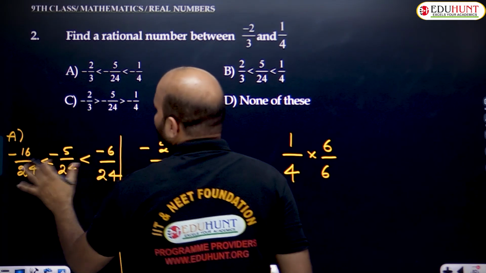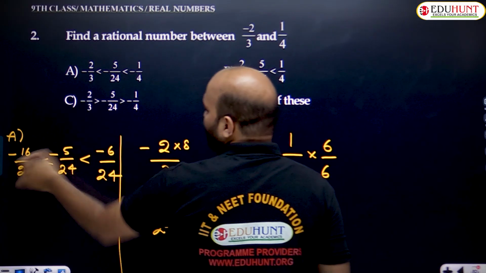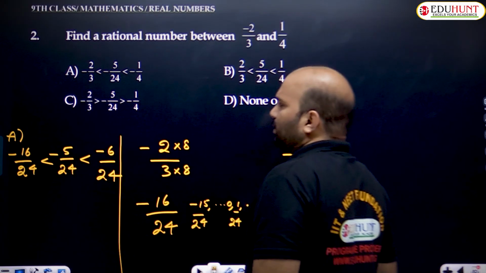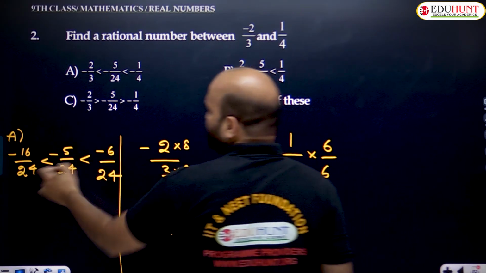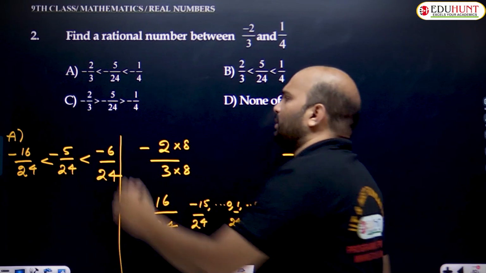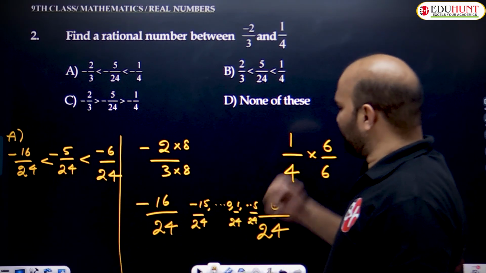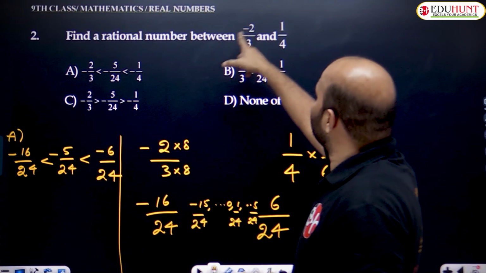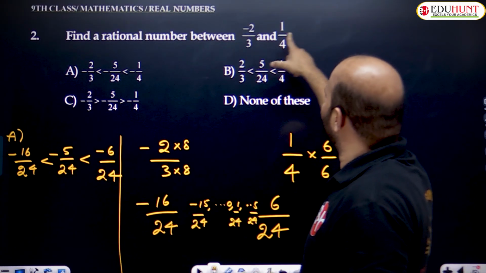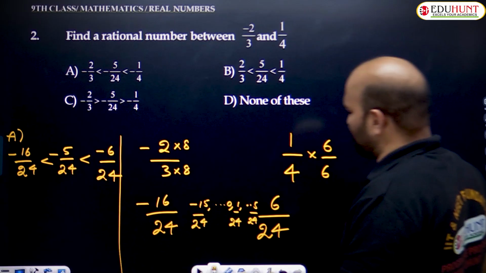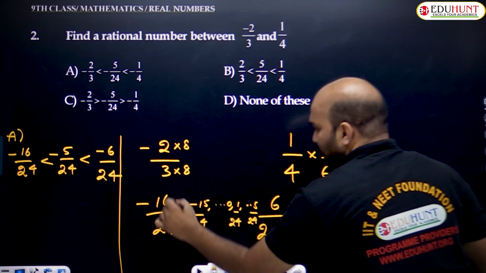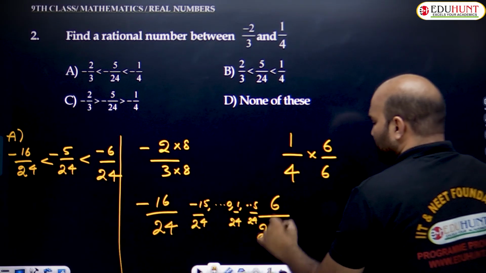So option A can be written like this because all denominators I have taken as 24. 3 and 4 are converted into 24. Am I clear? So clearly we need to understand. Given numbers -2/3 and 1/4 can be written -16/24 and 6/24.